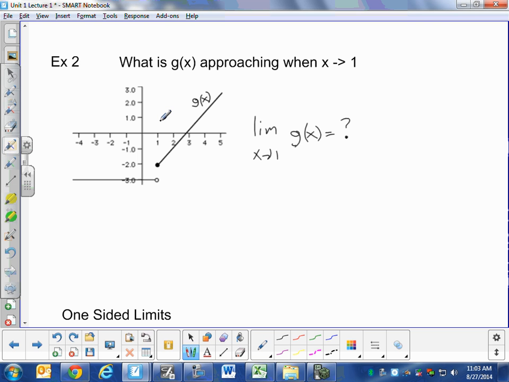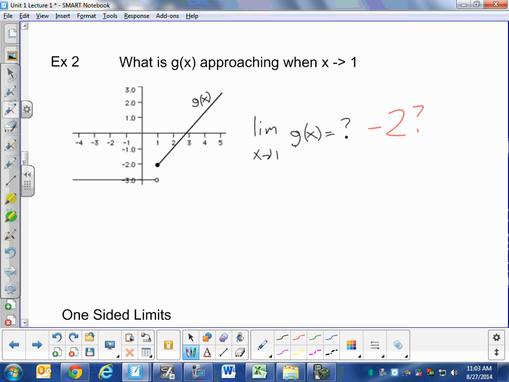Mr. Wenzel, what do you think? Yeah, maybe it's -2, because you see this closed circle here, so maybe -2 looks like a great answer. Well, do we see another possibility that it could be? Mr. Sargent, what do you think? Could be undefined?